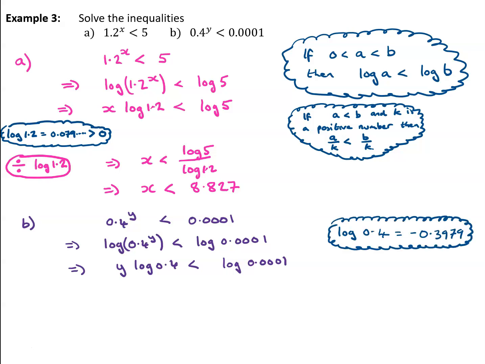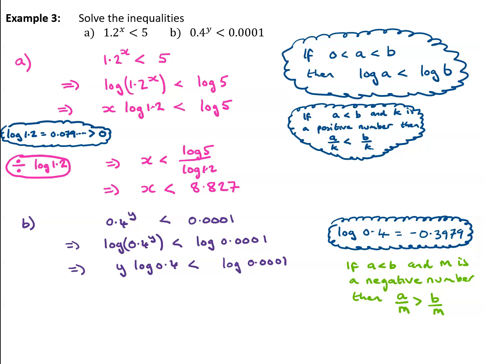So I've now got y times the logarithm of 0.4 is smaller than the logarithm of 0.0001. Now unfortunately the logarithm of 0.4 is a negative number. It's minus 0.3979. And what I need to be really careful of at this stage is to remember that if a is smaller than b, and m is a negative number, then a divided by m is going to be bigger than b divided by m.